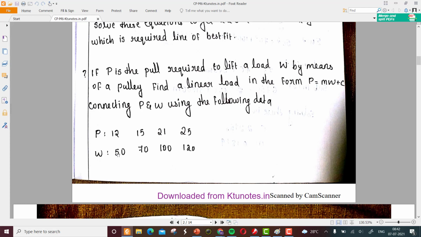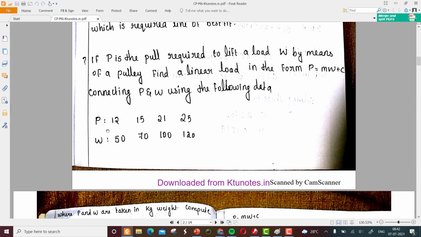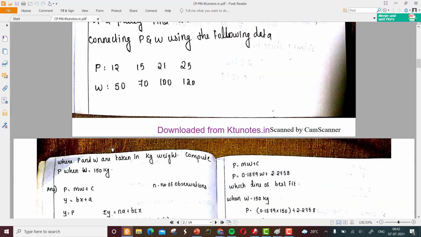So the weights are 50, 70, 100 and 120. So you need different pulls: 12, 15, 21, 25. Just for the time being, don't think too much about the units of the pull and the weight. Let it be mutually adjusting values, that means similar values of the pull and the weight.